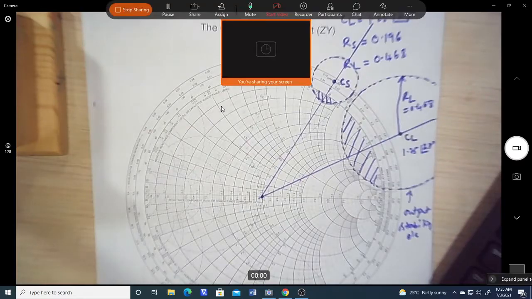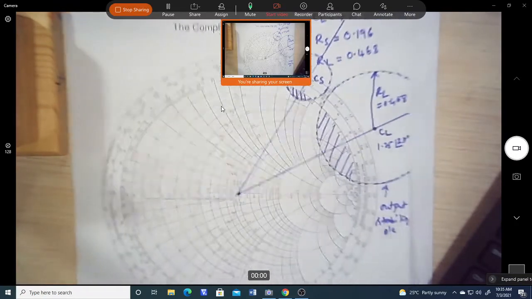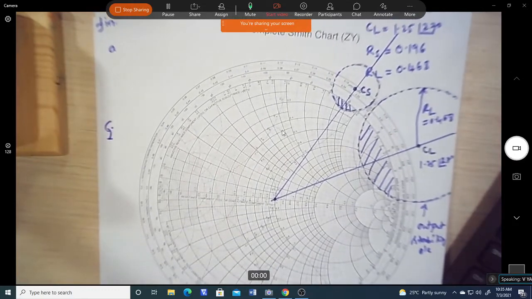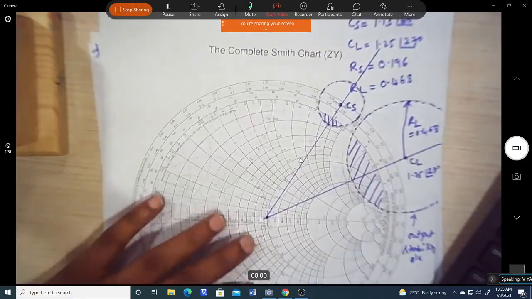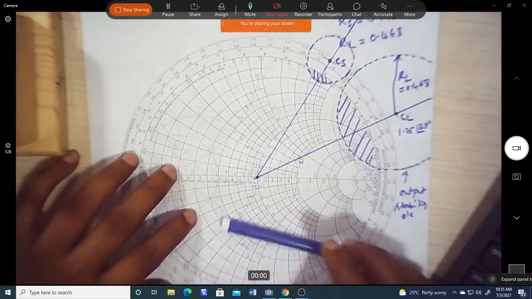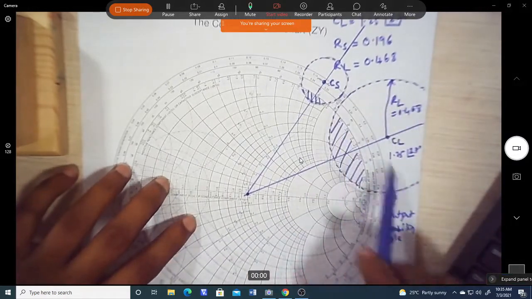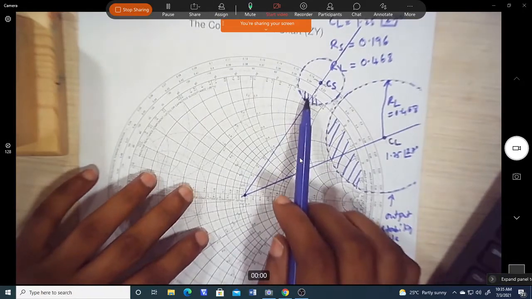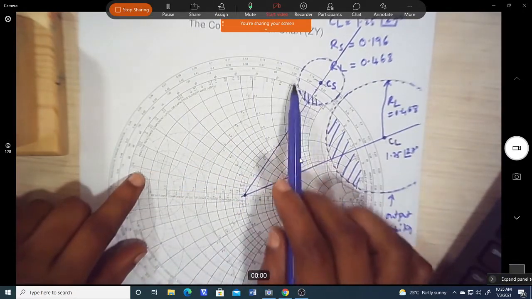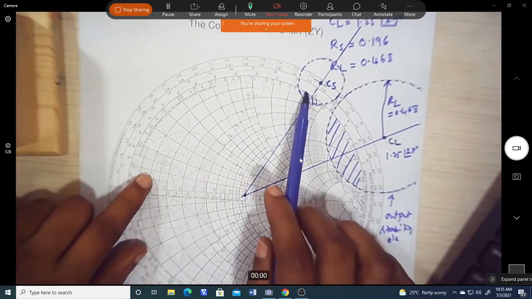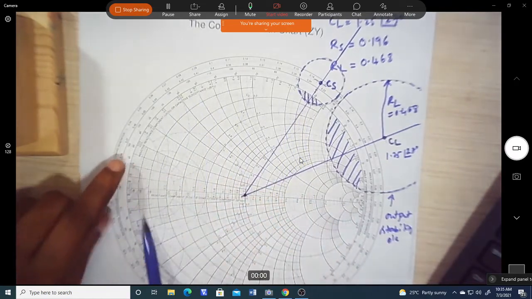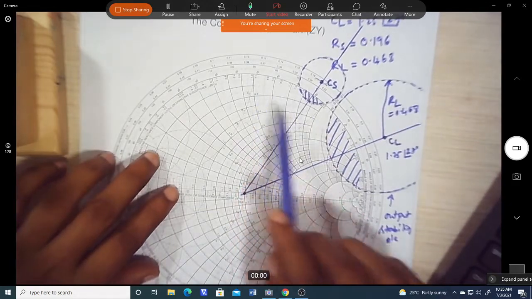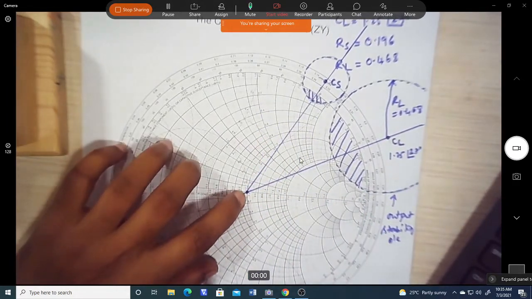Sir, can you repeat the conclusion? One second. You can see here, this is the output stability circle and this is the input stability circle. Wherever the stability circle intersects the Smith chart, that is the region of interest. This is the standard Smith chart, which includes the matching point, that is 0.